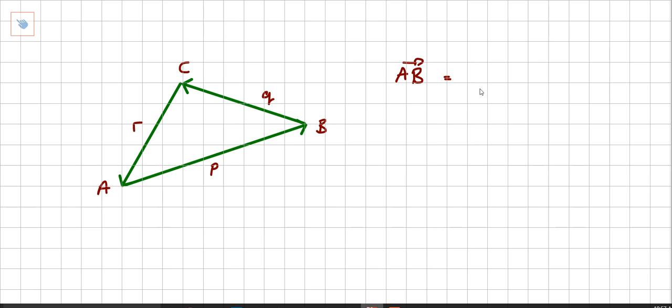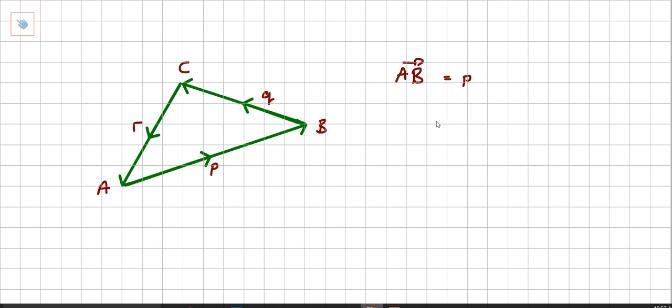Go from A to B. It's quite nice to have an arrow kind of halfway along so you can really see the directions. So A to B is P.